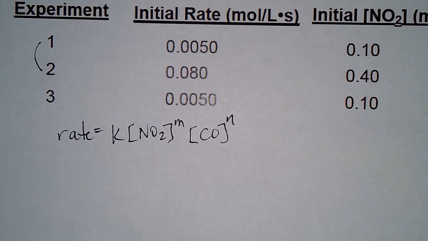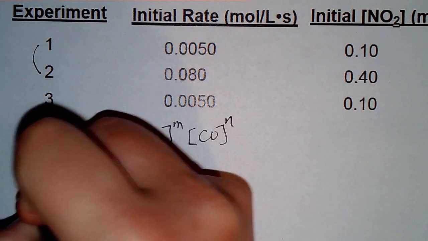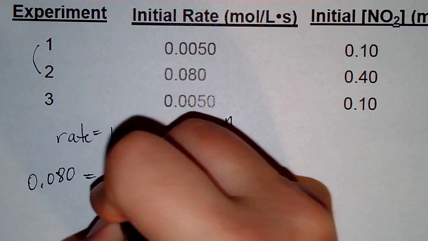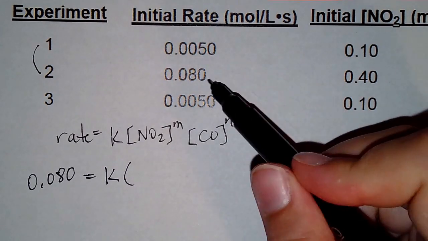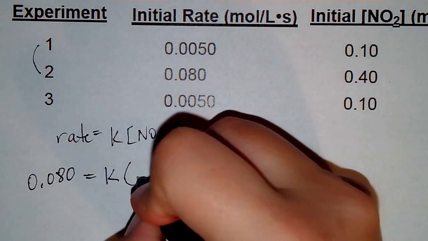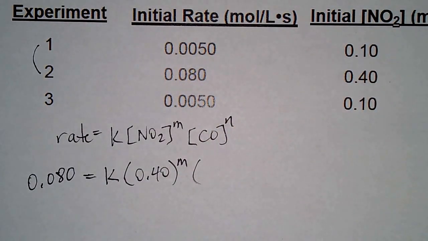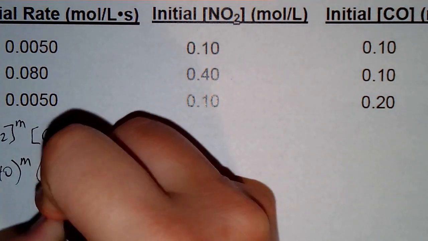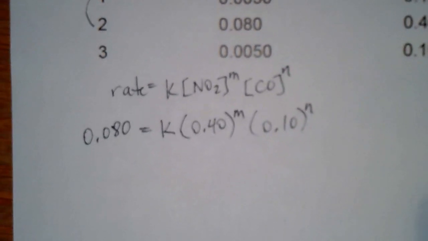I'm going to use the rate for experiment 2, 0.080 is equal to, don't know K, my NO2 concentration is 0.4, and I don't know M. My CO concentration is 0.1 to the N power. Alright, so this is what I have for experiment 2, filling in our information.